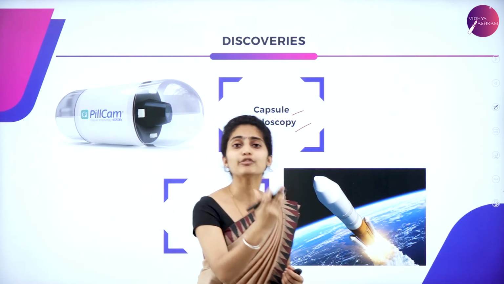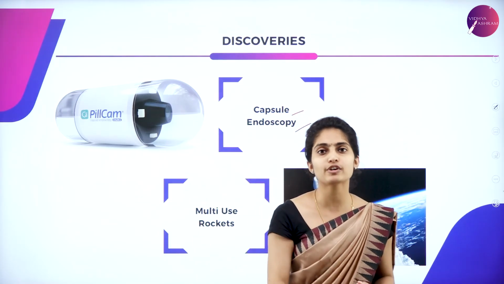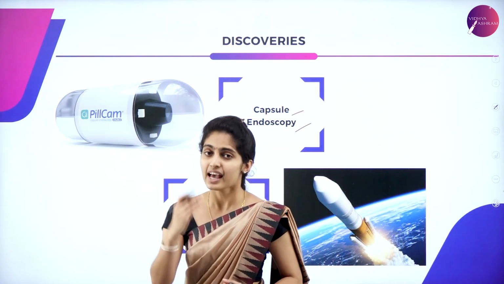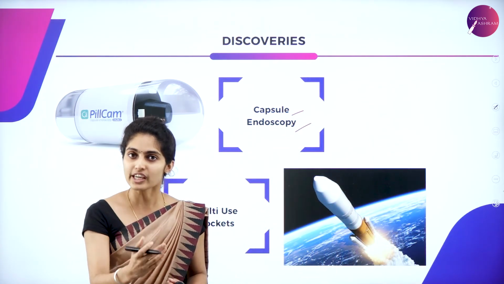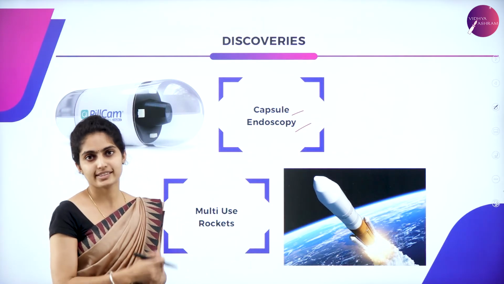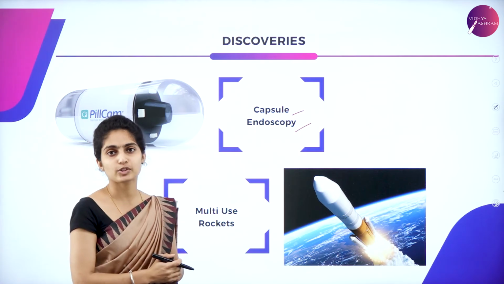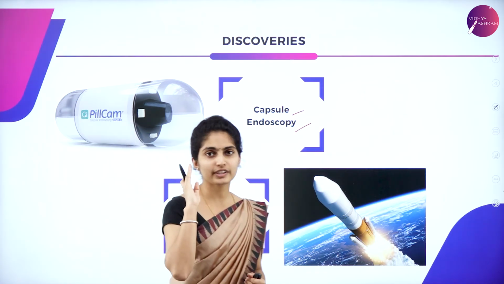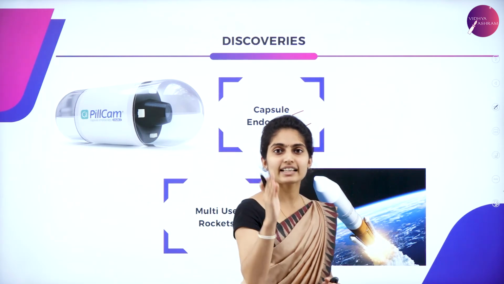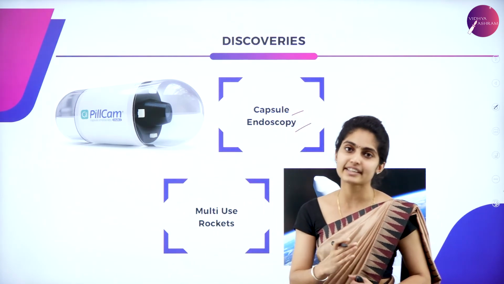It detects the malfunctioning or the better functioning of the organs. So the complete capturing of the organ takes place and it is recorded. We receive it from the belt which is placed upon our waist. That is how capsule endoscopy works. If this is interesting, please do go and study capsule endoscopy in detail, students.